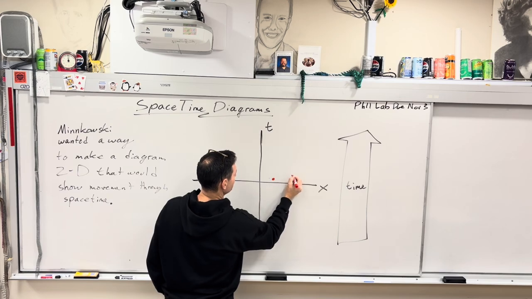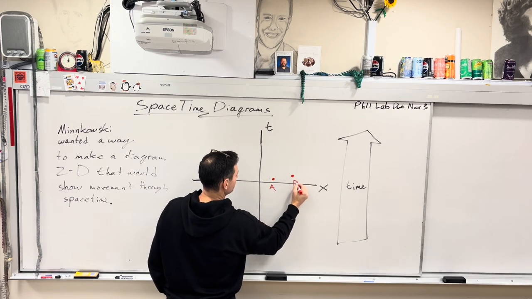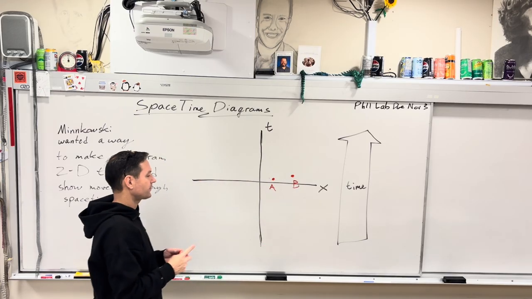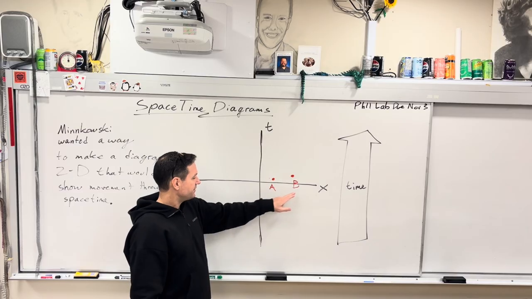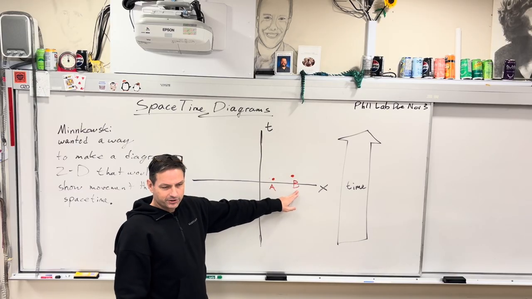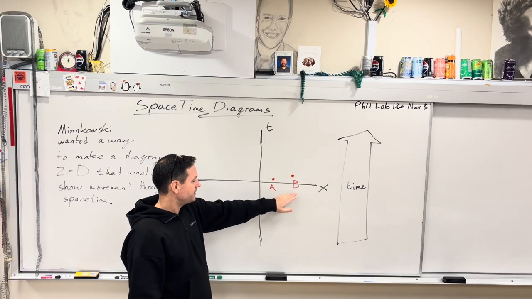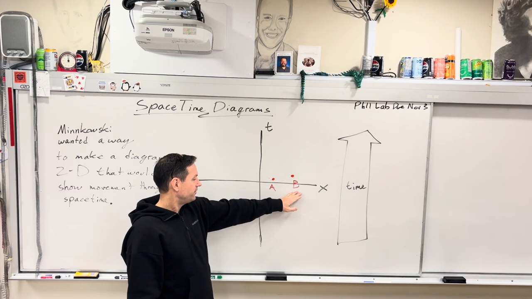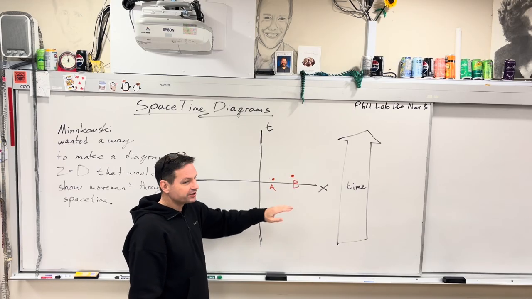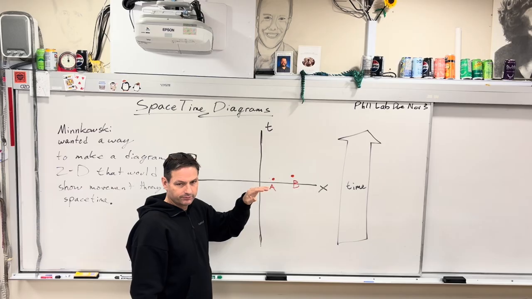And then let's say event B is here. That's A, and this is B. So Arsha brushes his teeth and Baran brushes her teeth. Could Arsha brushing his teeth have affected Baran brushing her teeth? No. Is Baran brushing her teeth in the future from Arsha or in the past? In the future.